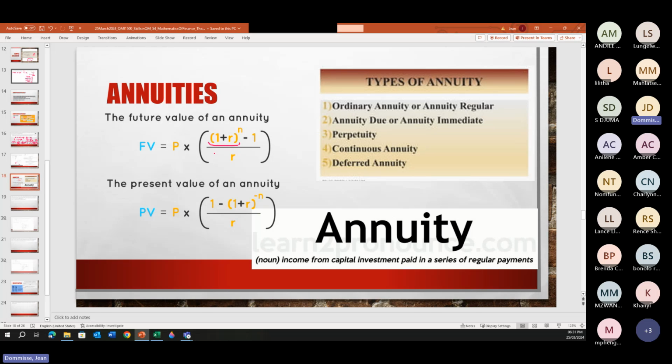But also what happens is that it's not a once off payment, it's a monthly payment.